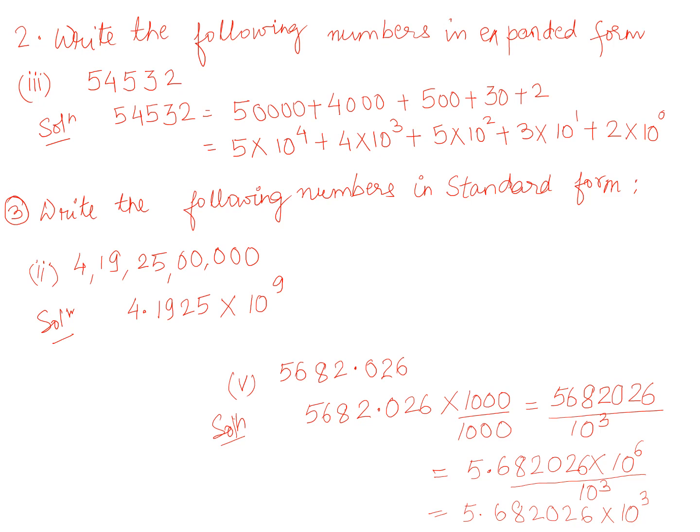The number given is 5682.026. So first what I will do, I will try to remove the decimal. Now if you see here, we have 3 digits after the decimal. 1, 2, 3. So 3 digits after decimal means I will multiply with 1,000. 1000 means 3 digits, so 1 with 3 zeros.